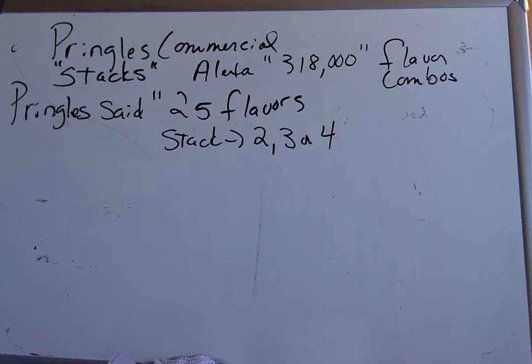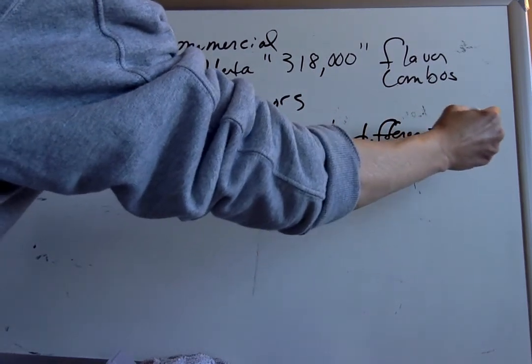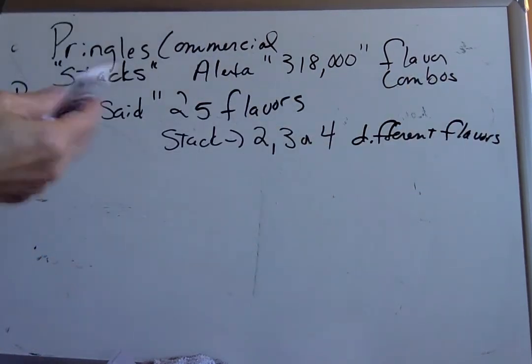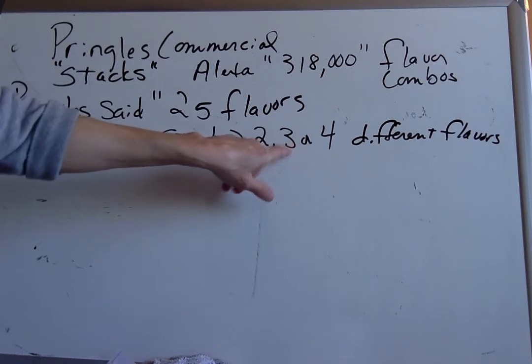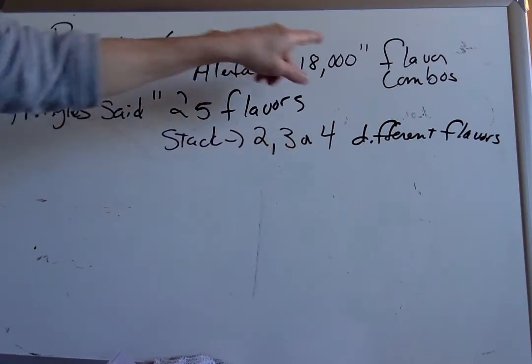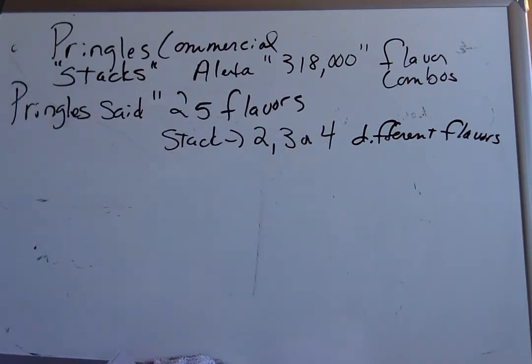So they did not specify that, or they seemed to indicate different flavors. That they weren't just stacking 3 plain ones, because I guess that wouldn't mix flavors, right? So that kind of makes sense. But it was interesting. They only showed the stack of 3 on the commercial, but Pringles said to get that number, they used stacks of 2, 3, or 4.